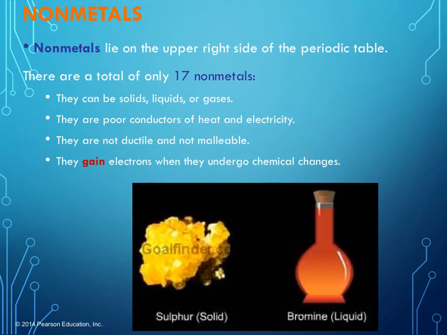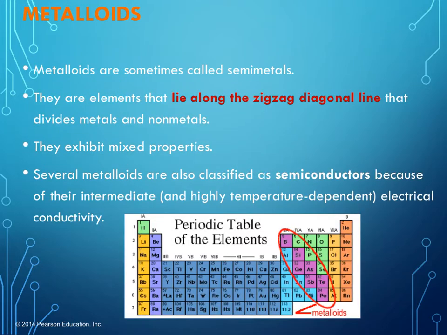Nonmetals have pretty much different properties, opposite properties from metals. Whereas metals are always solid, nonmetals can be any phase of matter. They are poor conductors of heat and electricity. They are not ductile, they are not malleable, and chemically they tend to gain electrons to become anions.